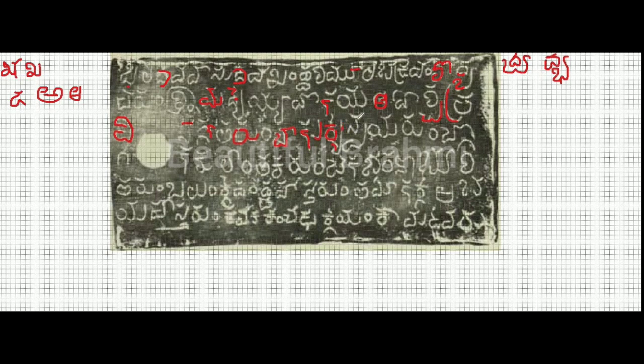Then sa, then we have a vaphalam, then a ya, swayaruncho, swayarun, then we have a cho. We have a symbol over here, cho.